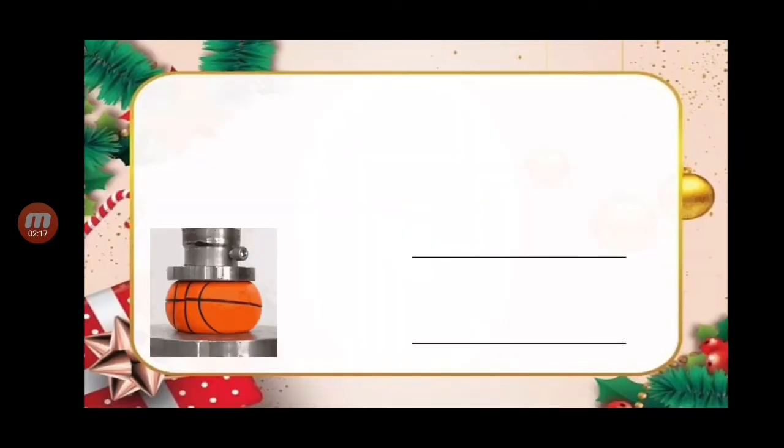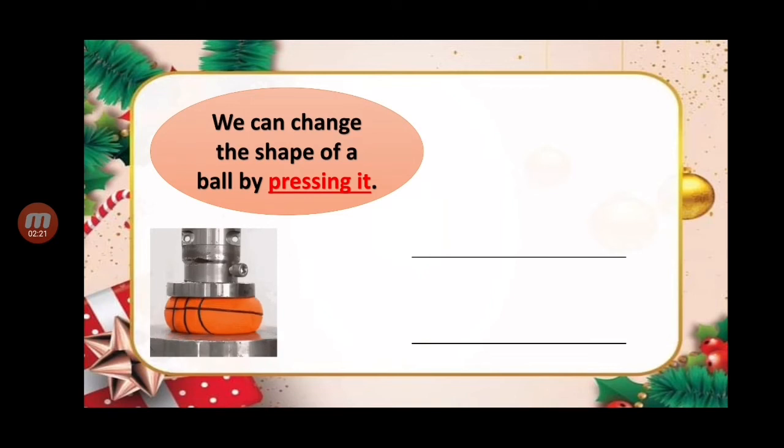The first thing is, we can change the shape of a ball by pressing it. This is the first thing that we are going to do if you want to change the shape of a thing or a ball. You must press it, just like this.